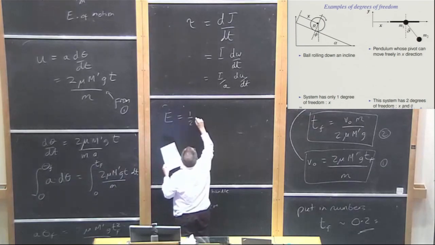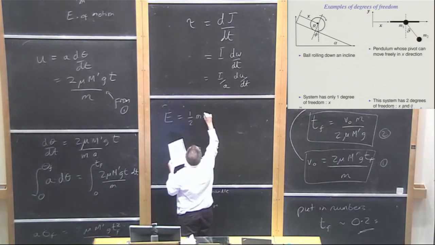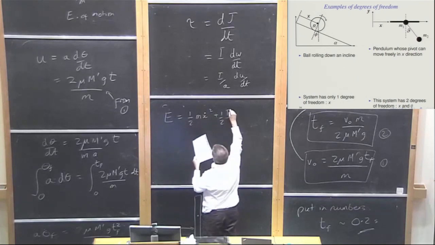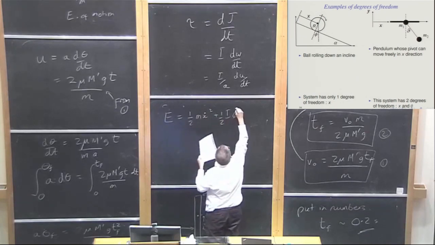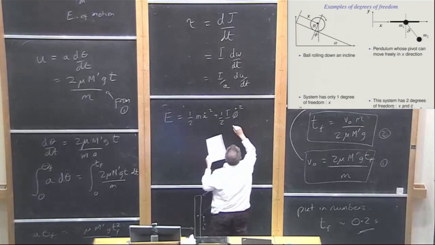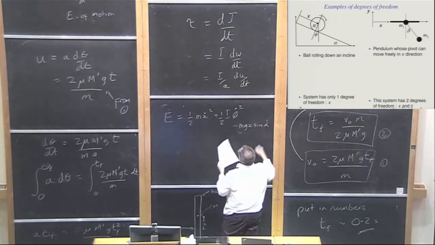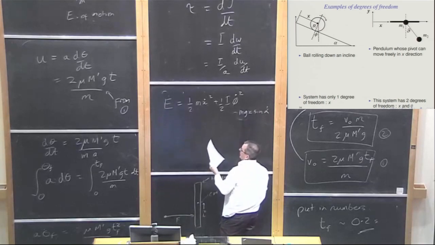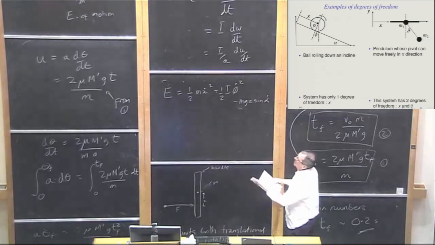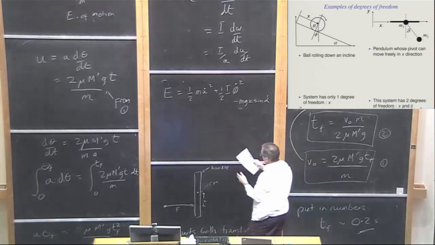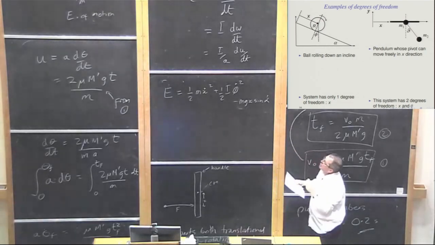So there's a half m x dot squared plus a half I theta dot squared. We saw this yesterday, I think, minus m g x sine alpha. So this expression specifies the energy of the system, and initially there are two generalized coordinates, x and phi. But what about the number of degrees of freedom?